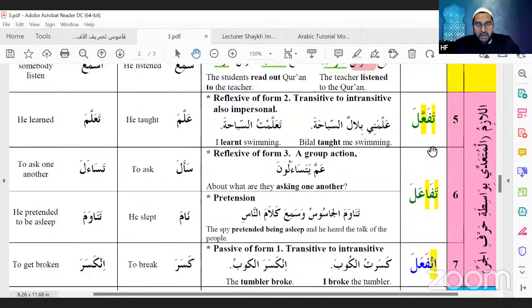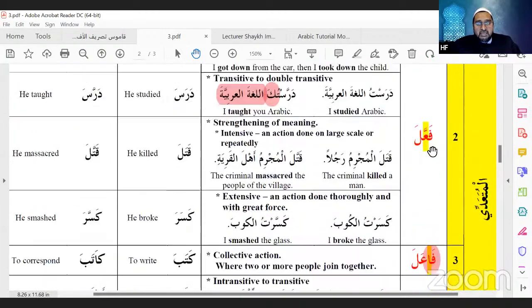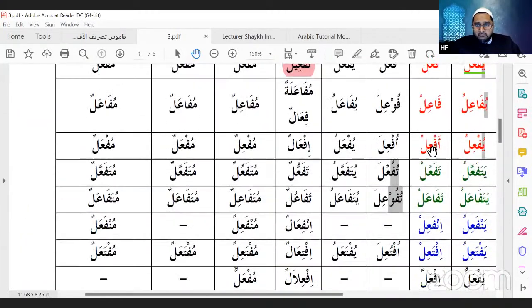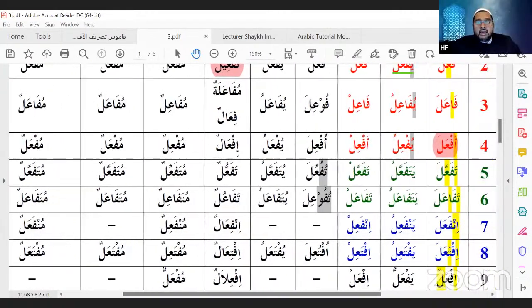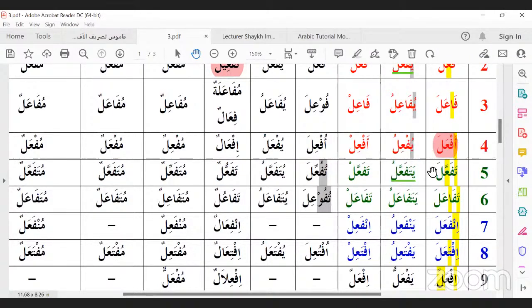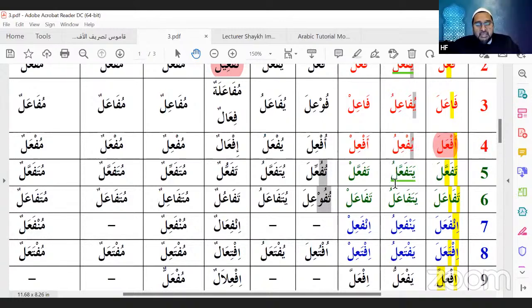The fa'ala is the past tense, and the present tense is what? Af'al. No, the present tense will be yatafa'alu. So the present tense will be Yatafa'alu. Tafa'ala, yatafa'alu. And the imperative will be for this verb?